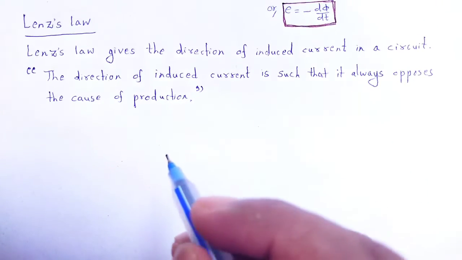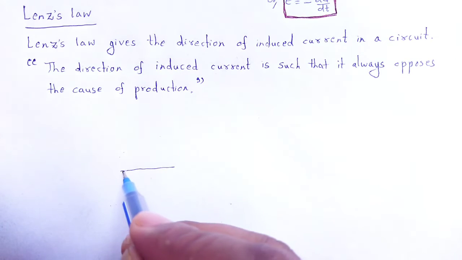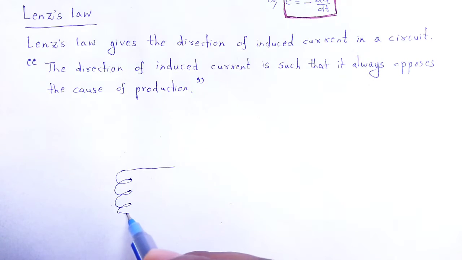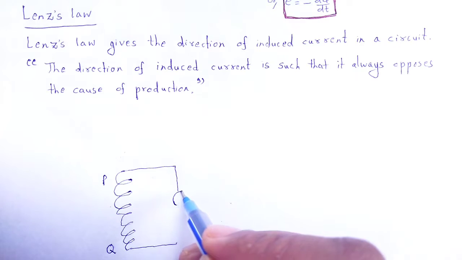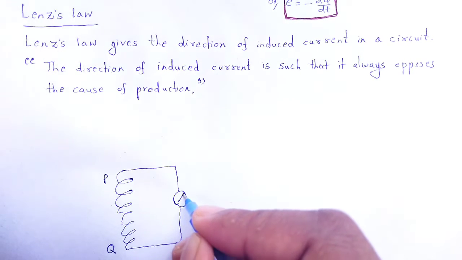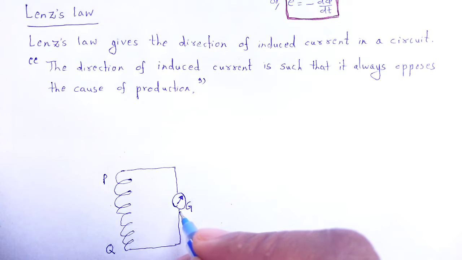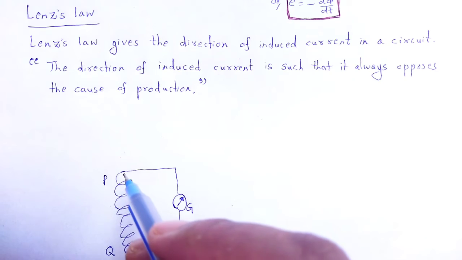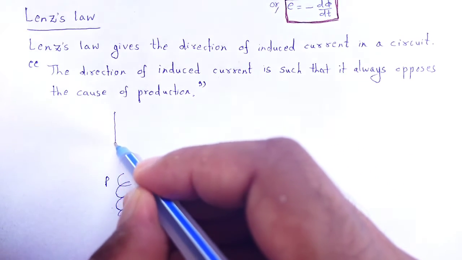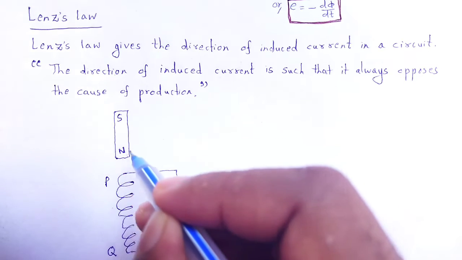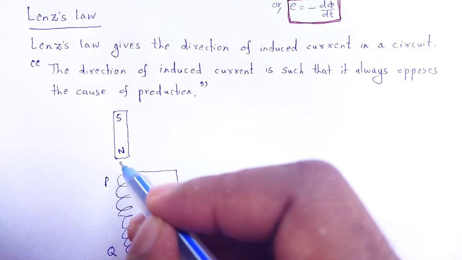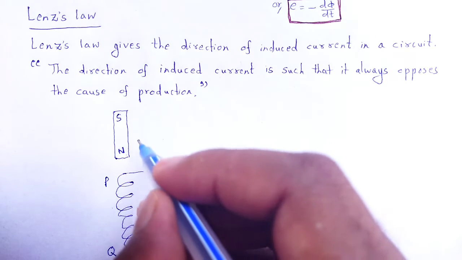Let us take a solenoid PQ connected to a sensitive galvanometer G, and a magnet with its north pole near the upper end P is moved towards the solenoid.